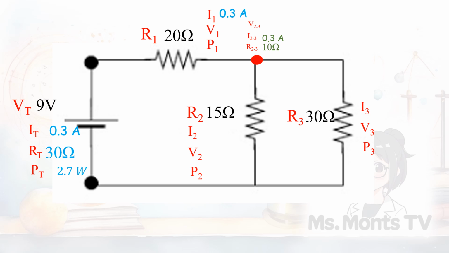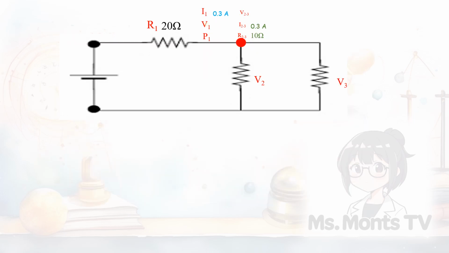Next, we already find I1, so we'll find V1, V2 and V3. So V1 equals I1 times R1, 0.3 ampere times 20 ohms.